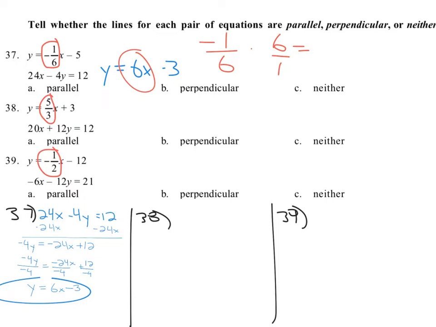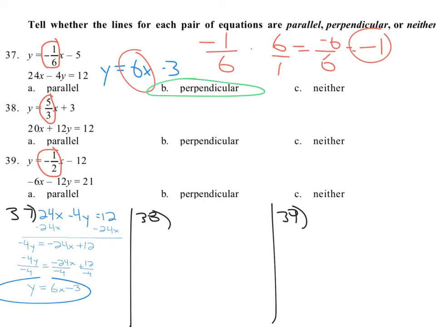Negative 1 times 6, negative 6. Sorry, that was funny. 6 times 1, 6. If you simplify that, you get negative 1. And that's what you should always get if you have negative or opposite reciprocal slopes. And we do have opposite reciprocal slopes, which means that these lines are perpendicular.